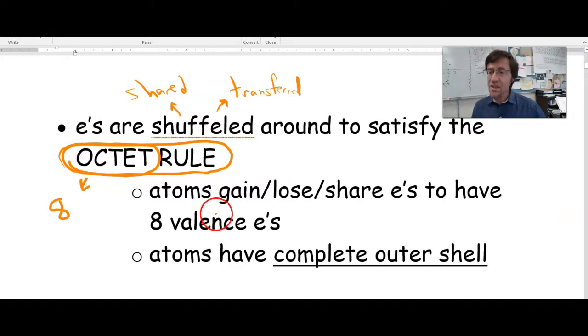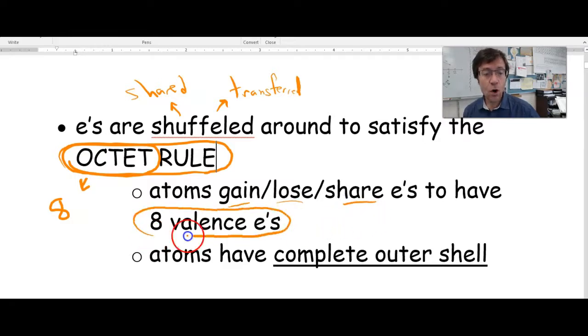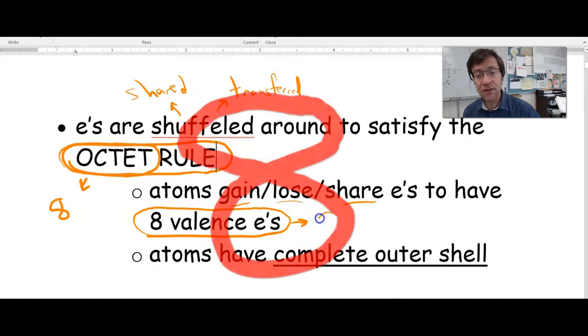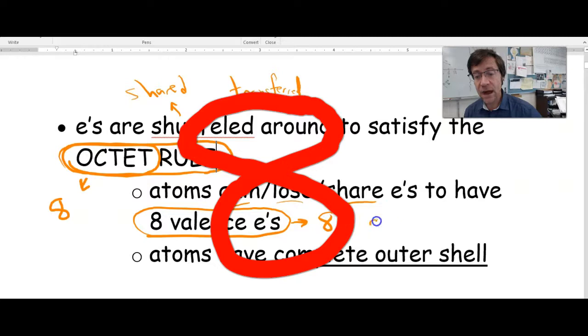So just like the noble gases, 8. Every atom wants to have 8 valence electrons. So the atoms will gain, they will lose, or they will share electrons to have 8 valence electrons. Or if they can't have 8 valence electrons, they'll have an 8 electron outer shell.